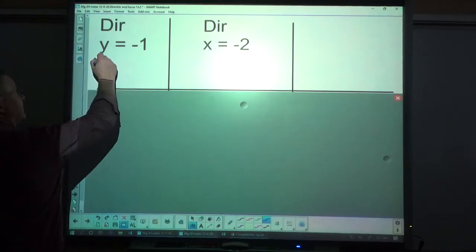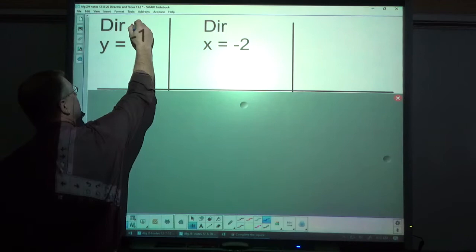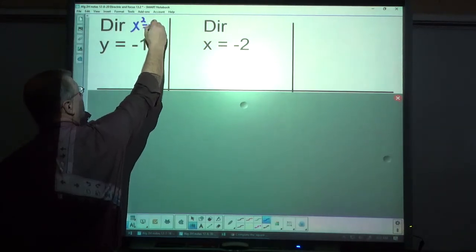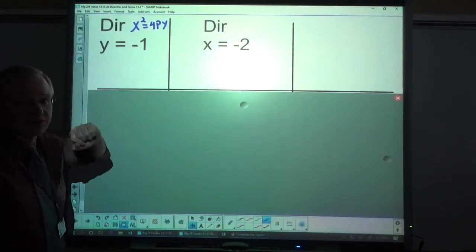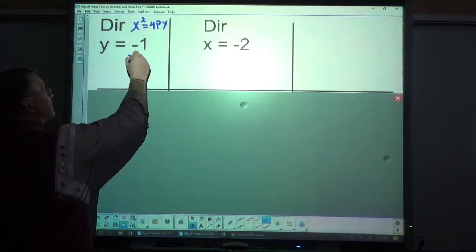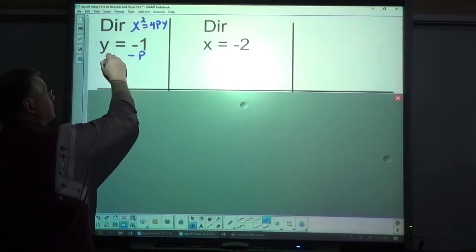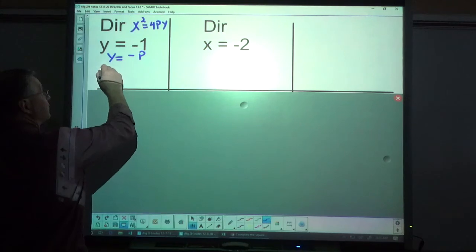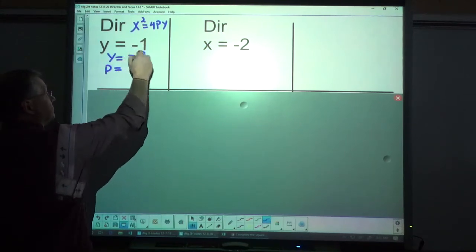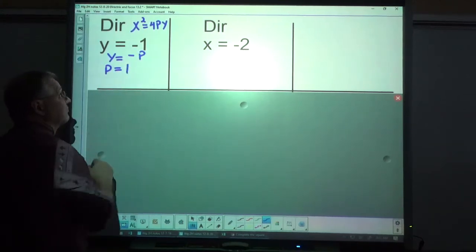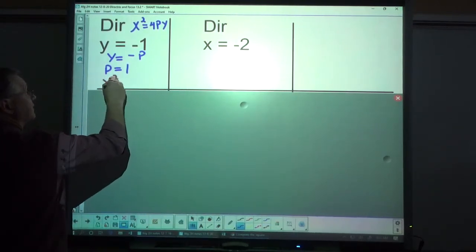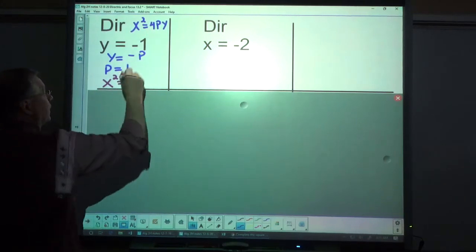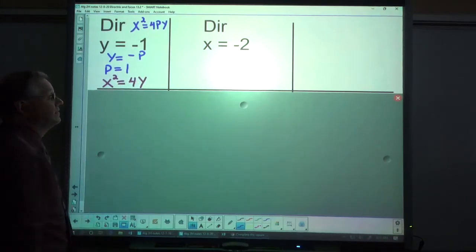So that's in the x squared equals 4py equation type. Remember, y equals -p in a directrix, so therefore positive p must be the opposite of this, +1. So the equation x squared equals 4 times 1 times y, x squared equals 4y, is the equation here.